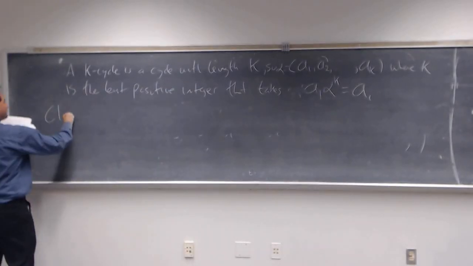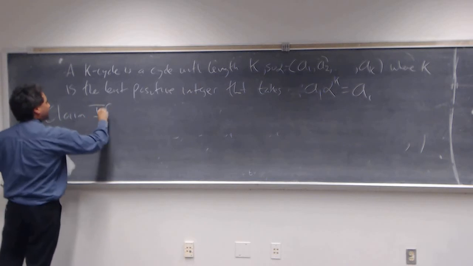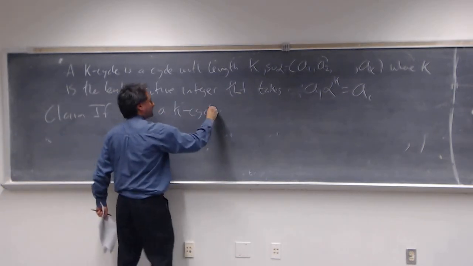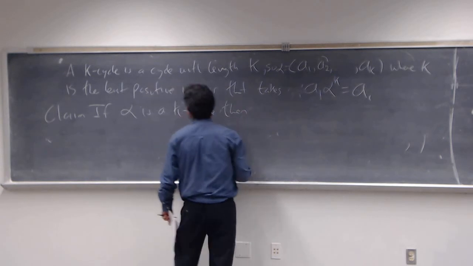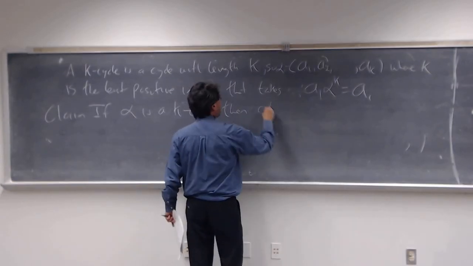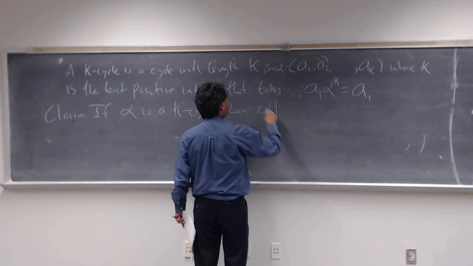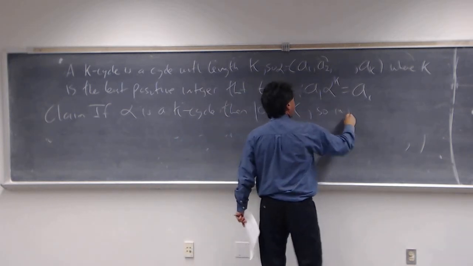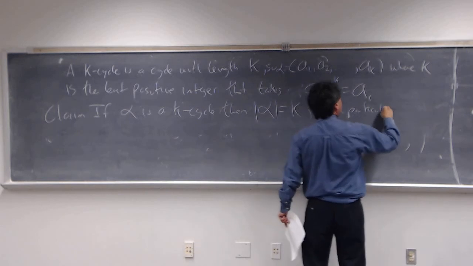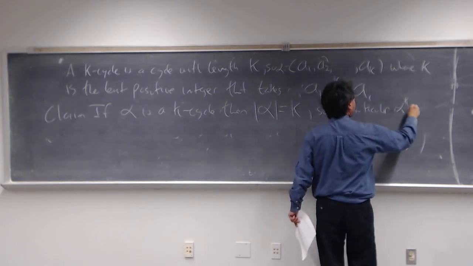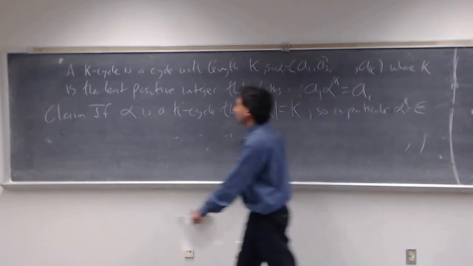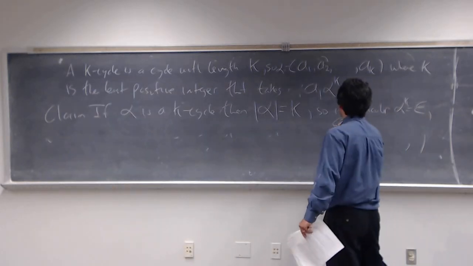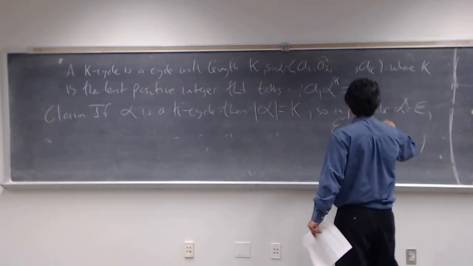So my claim: if alpha is a K-cycle, then the order of alpha as an element of the group is K. So in particular, alpha to the K equals epsilon, where epsilon is the identity permutation.